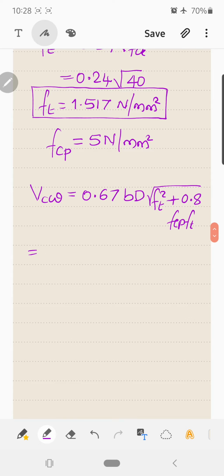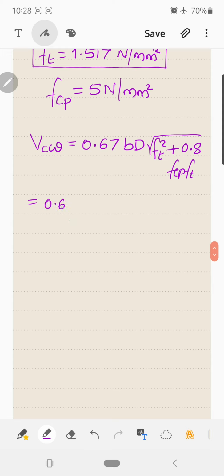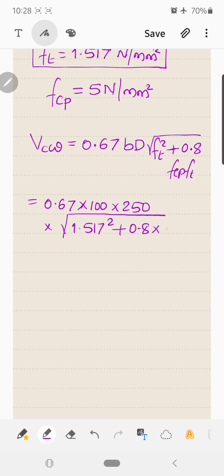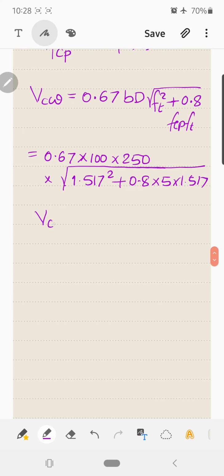Substituting, it is 0.67 into width of the section 100 into 250, the overall depth, into root of Ft square 1.517 square plus 0.8 into FCP 5 into Ft 1.517. If we calculate this, we'll get VCW is equal to 48.4 into 10 to the power of 3 newtons, which is 48.4 kilonewton.